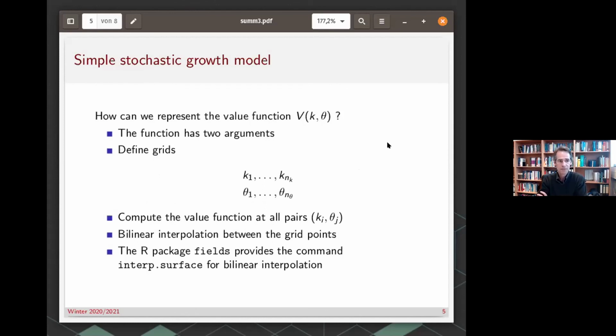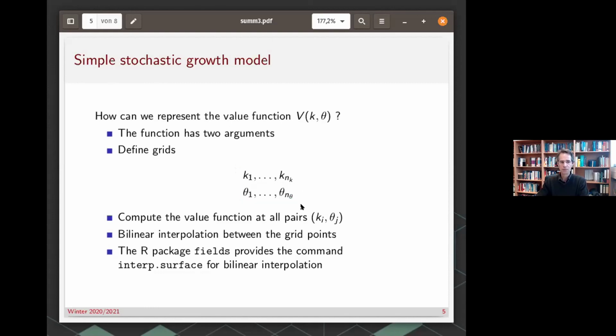As I just said, the value function now has two arguments, not just one. And therefore, it's quite a straightforward generalization to define two grids, not just one grid. So we define a grid over the capital stock space, and another grid for the technology level. They need not have the same length, but of course they could.